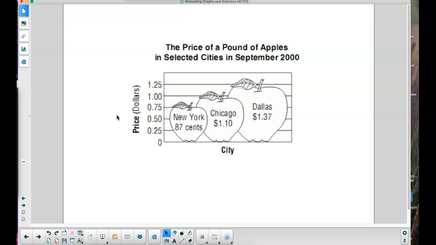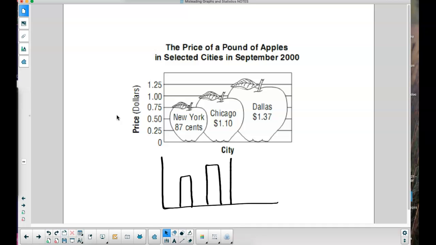It really should just be a graph that has a bar for New York, a bar for Chicago, and a bar for Dallas. Would it look like that big of a difference if it was like this? No, but because they put it like this, it makes it look like Dallas charges way more than New York. So the pictures definitely make it misleading.